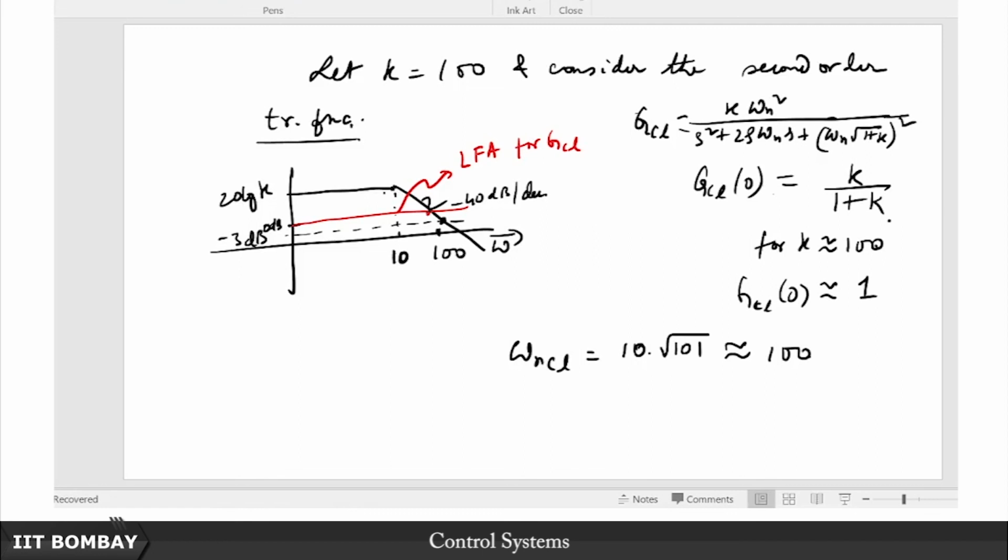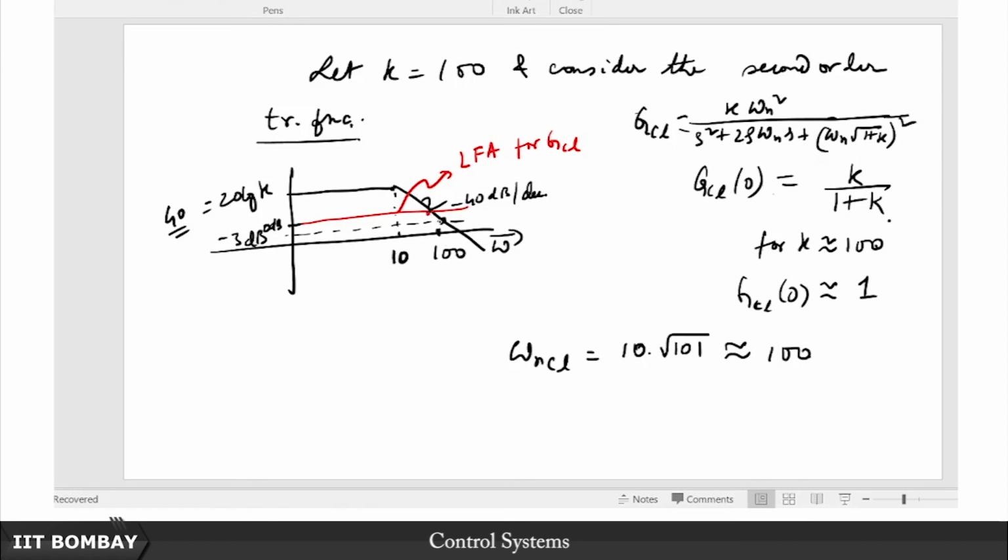This was basically equal to 40, and this holds not just for k equal to 100; for k equal to 1000, wherever you take it, it will then be 60. So whatever the value was here, 1 decade hence it has come down, so at omega equal to 100 this has come down 1 decade, and at 1 decade it will descend by only 40 dBs.